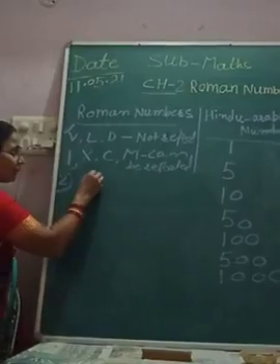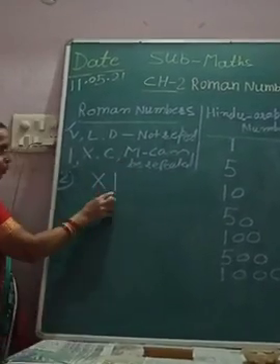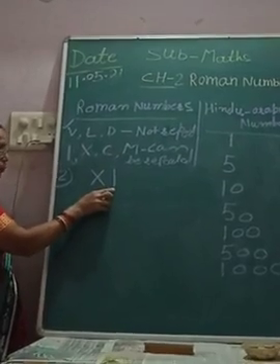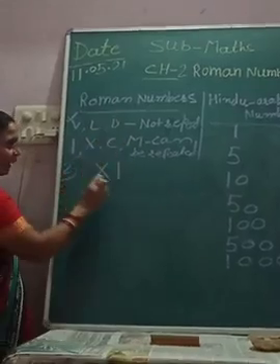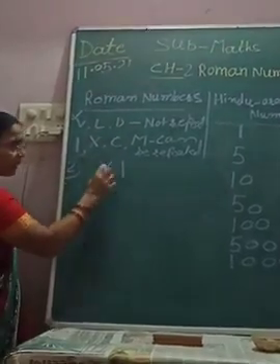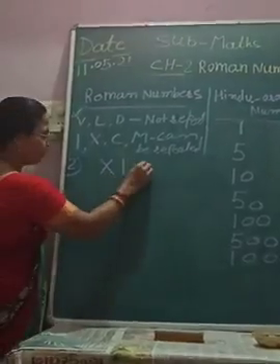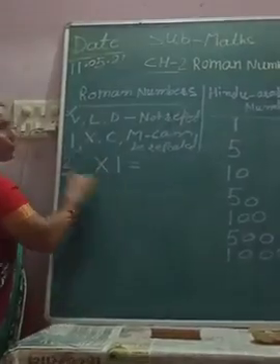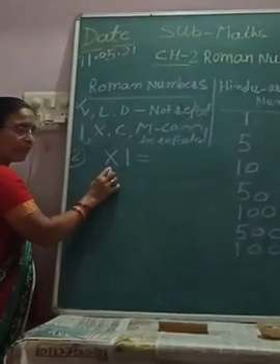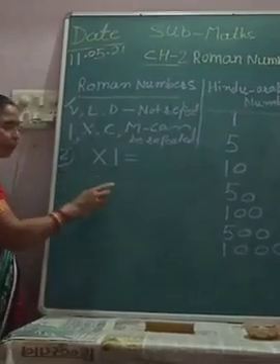Your second rule is, when we write a lower digit of a Roman numeral, lower digit means this one is 1, on the right hand side of the larger digit, it means you have to add.